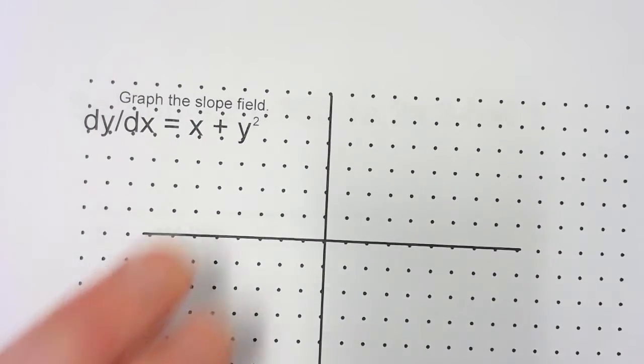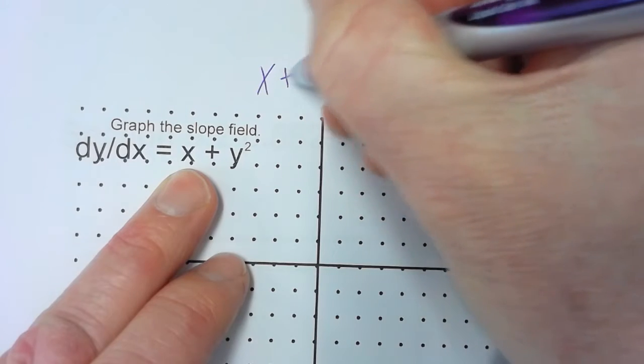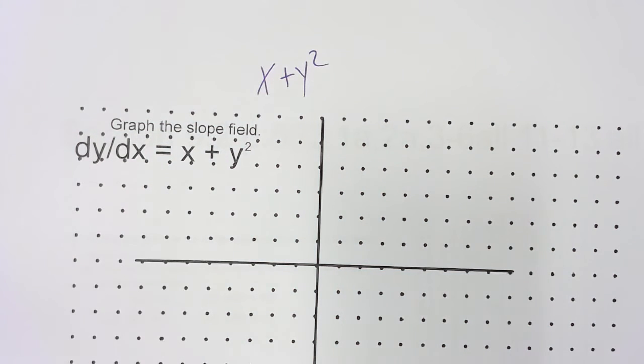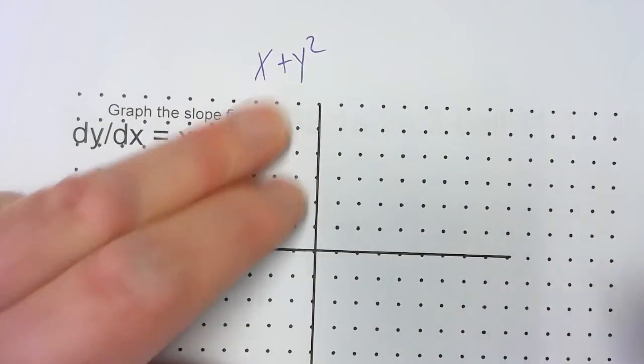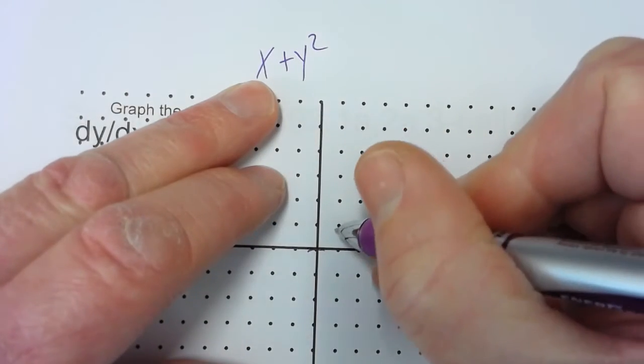Okay, so this one here is x plus y squared. So there we go. So this one's kind of like the very first one, except for it's plus instead of minus. So 0, 0 would be 0, so you put a little flat line there. 1, 1 would be 2, right?